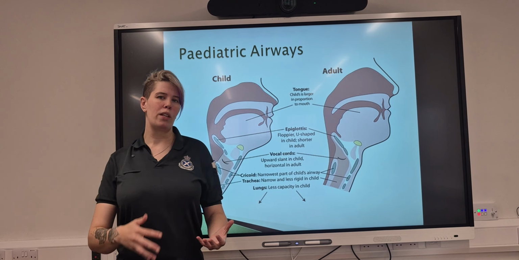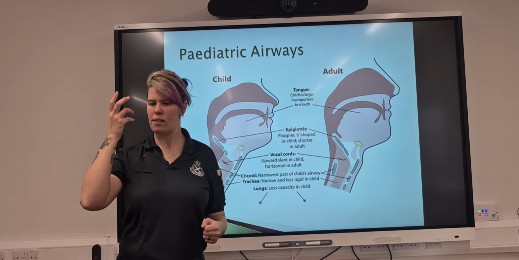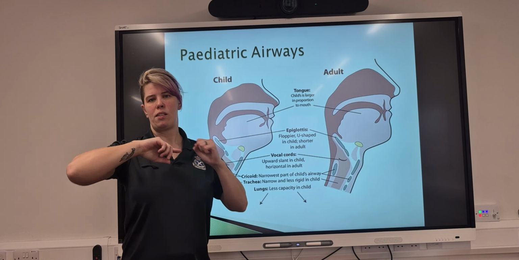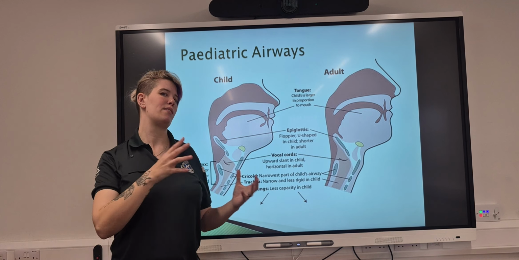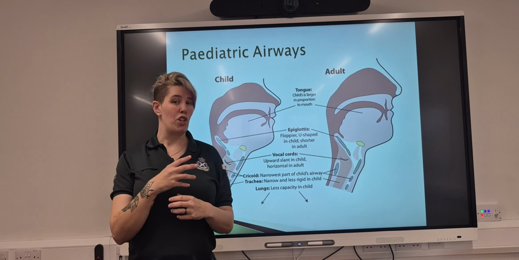Lastly, the other thing that we look at is the trachea, so that tube that goes down into the lungs. That tube has cartilage in it, and when you are a child, kind of infant baby, that cartilage is not as rigid.